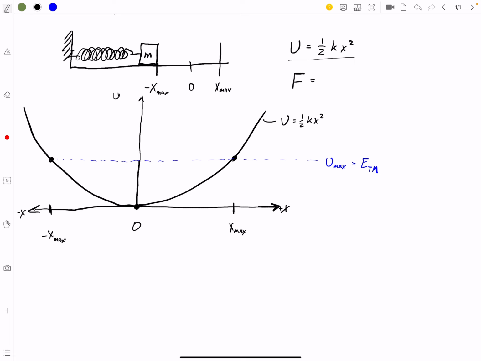F equals minus the derivative of U of x with respect to x. This is how you get your force from your potential.